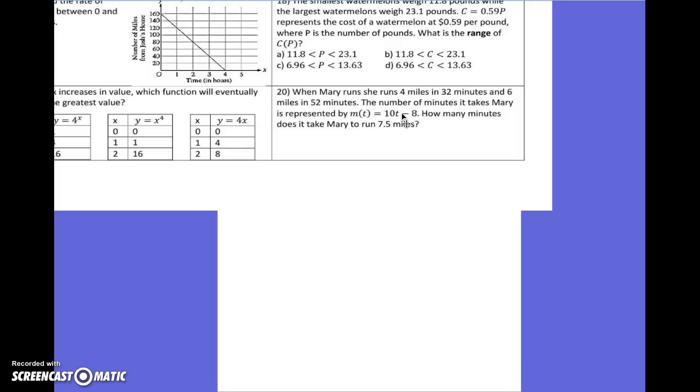She runs 4 miles in 32 minutes. Oh, right. Sorry. I had to think about that one longer. 4 miles in 32 minutes and 6 miles in 52 minutes. So you want the output of how many minutes does she go with 7.5 miles. So 7.5 miles is our input.